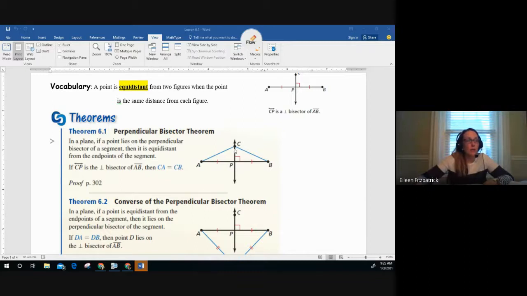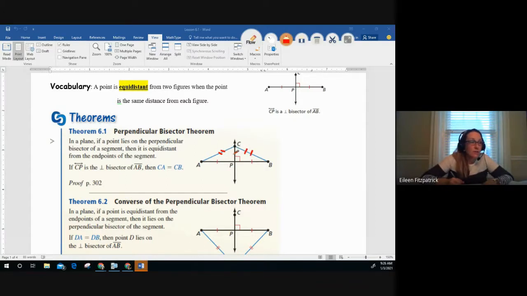So any point that I put along this line is going to be equidistant from A and B. What I mean by that is, since we have a segment connecting C to A and C to B, and since point C is on the perpendicular bisector, I know that CA is congruent to CB.